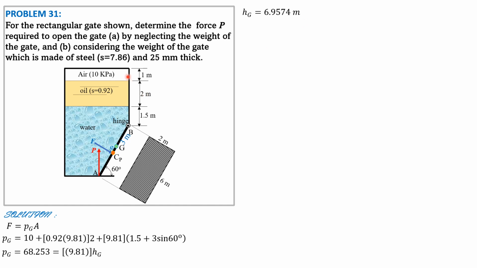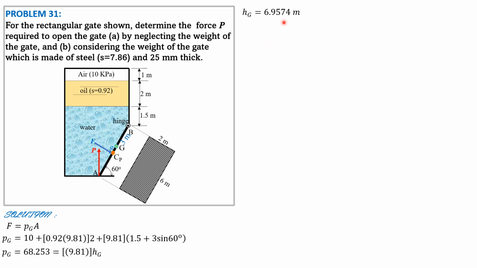To get 6.9574 meters in another way, convert 10 into pressure head of water. So do this, use your calculator. 10 kilopascals divided by 9.81, then plus 0.92 times 2, then plus 1.5 plus 3 sine of 60 degrees.